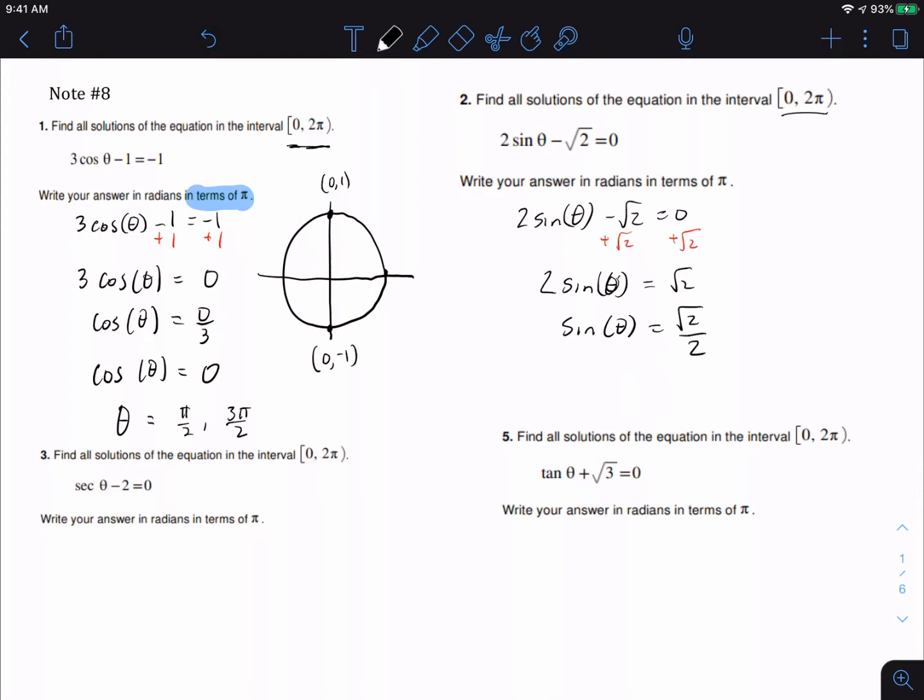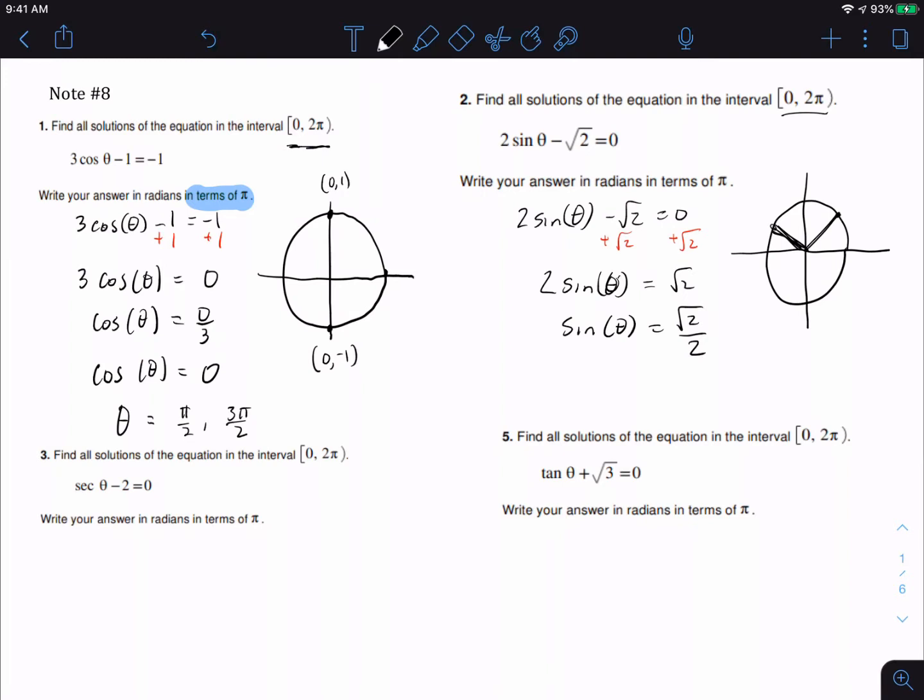And now where is sine positive? So we're going to look at the unit circle again. That's a terrible circle. Let me erase that. It's not too much better, but that's okay. Here is where it's positive, and here is where it's positive, correct?